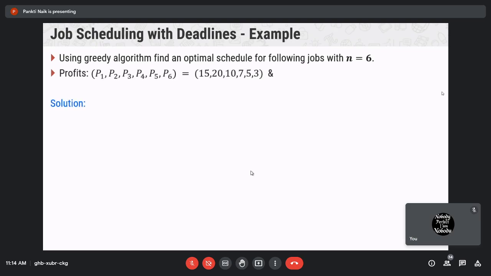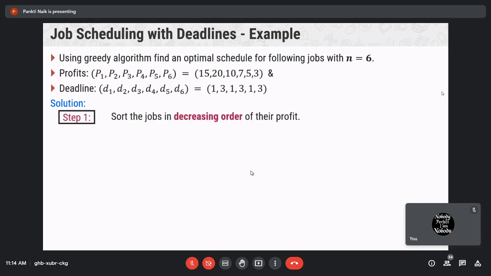The profits associated with these 6 jobs are 15, 20, 10, 7, 5, and 3 respectively, and the deadlines are 1, 3, 1, 3, 1, 3 respectively.